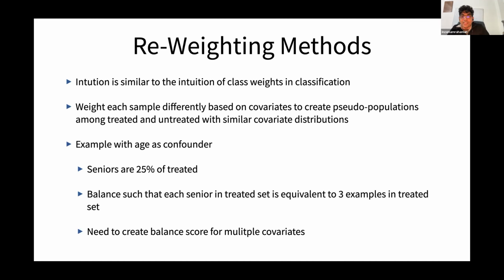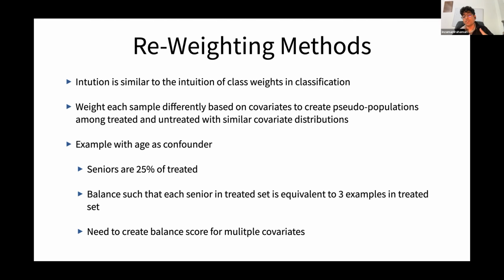So let's say, for example, seniors only make up 25% of a particular treatment group, you might say that every senior in the treatment group gets weighed more, right?